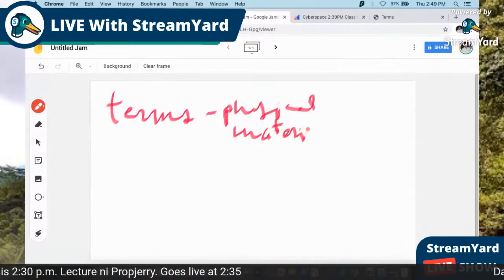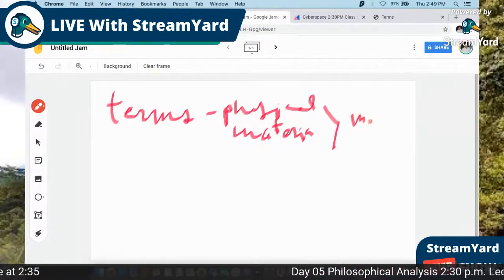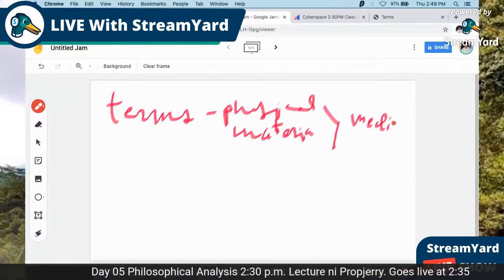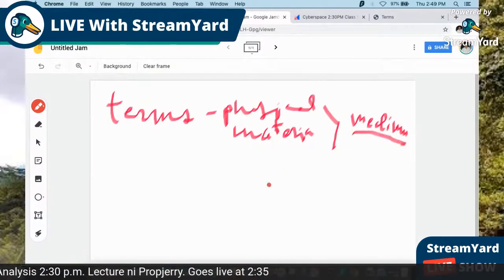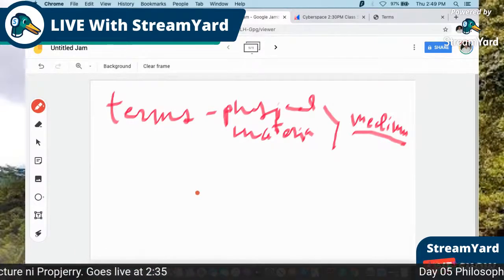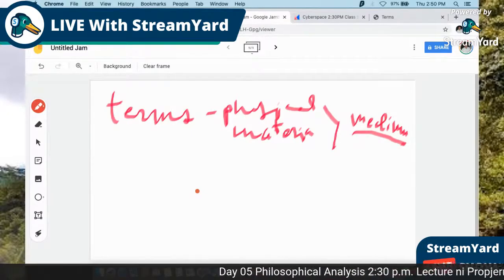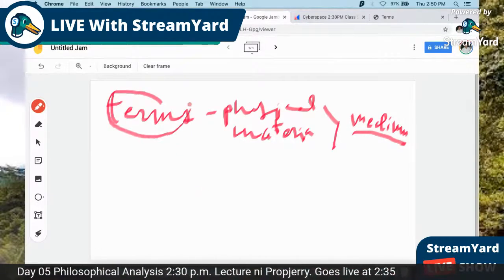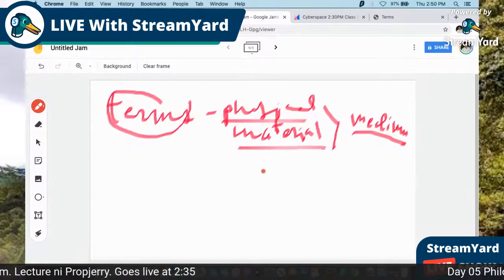Meaning to say, you need a physical, material medium with which you can communicate your terms. No medium, you cannot communicate, like that soldier in the movie I asked you to see. Because terms, as we have said, are physical, material in nature.